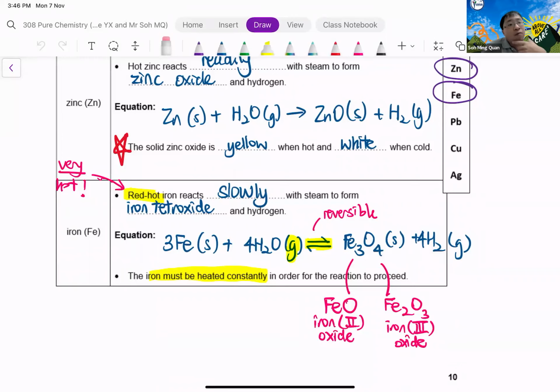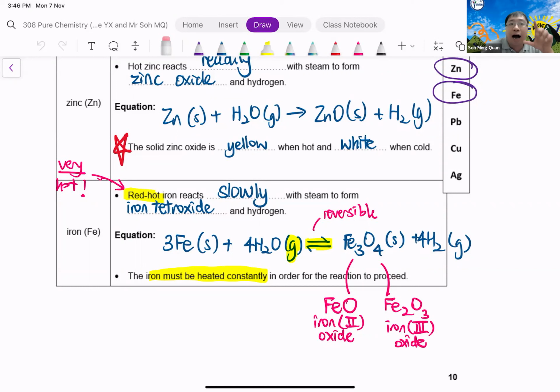Now, so why is it that we combine the chemical formula to Fe3O4? This is because the ionic lattice contains both iron 2 oxide and iron 3 oxide. They are actually chemically bonded together. That's why we combine the chemical formula into Fe3O4. So it's one of the more interesting examples of a double ionic compound.